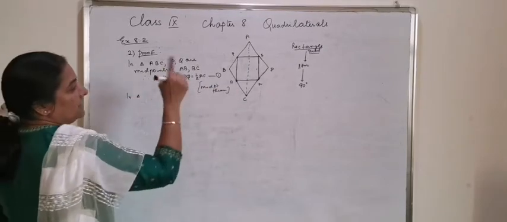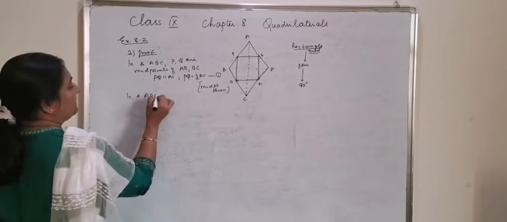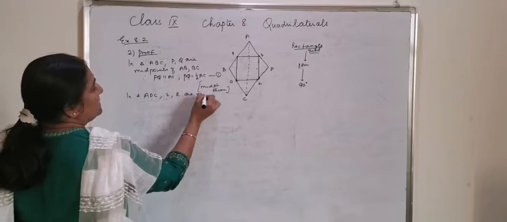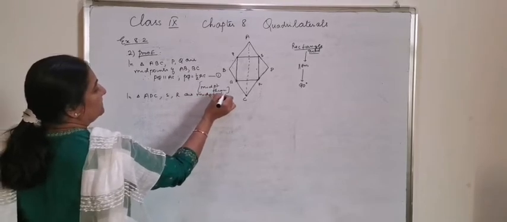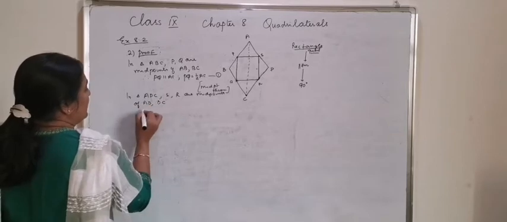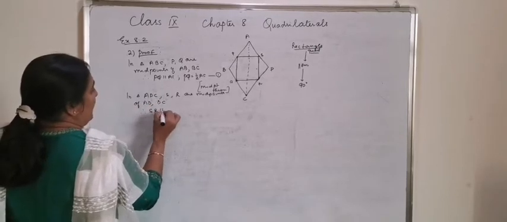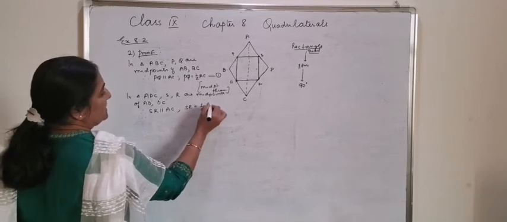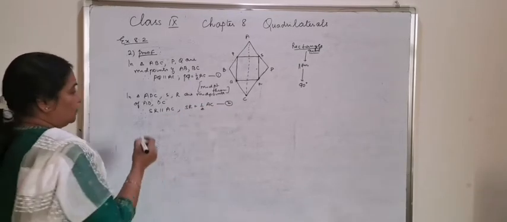Similarly, in triangle ADC, S and R are midpoints of AD, DC. Therefore, SR parallel to AC, SR is equal to half AC, equation number 2.